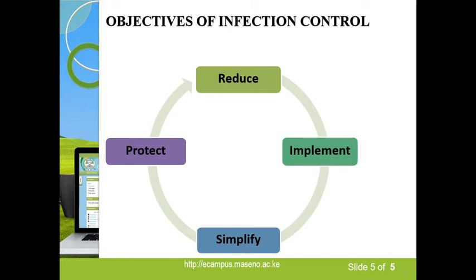Now, another objective is to protect. Whom are we protecting? We are protecting the healthcare providers, and we are protecting the client. If we have a client who has come in for tooth extraction, if we do not protect that client from infection, then they will have a nosocomial infection, which may complicate the healing process of the wound that they may have developed.